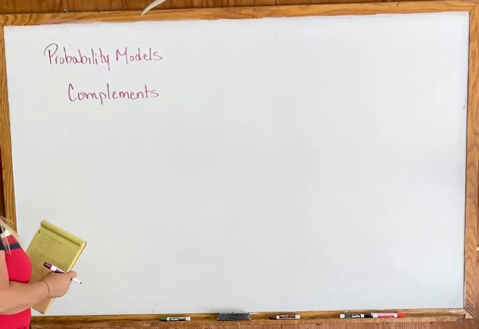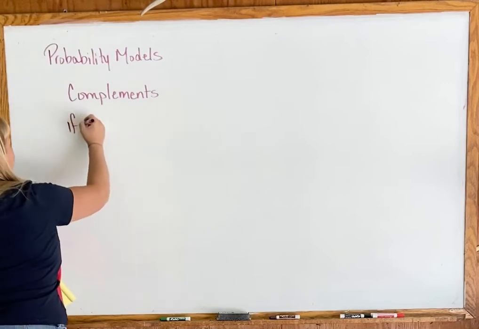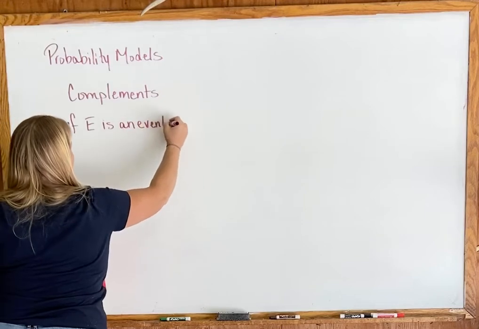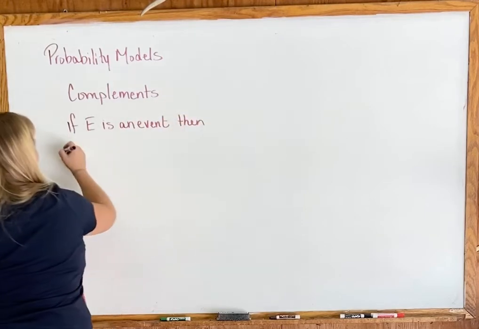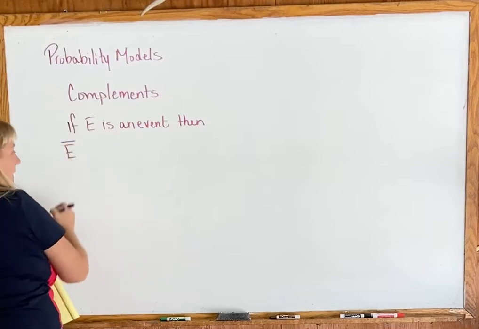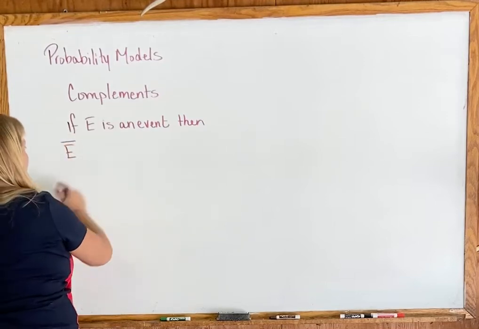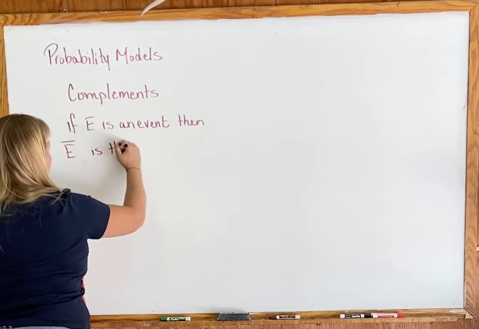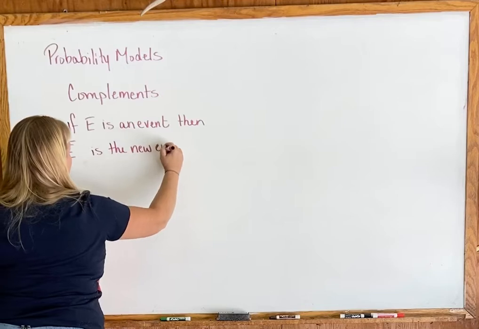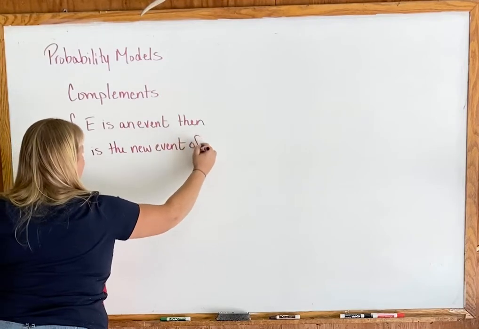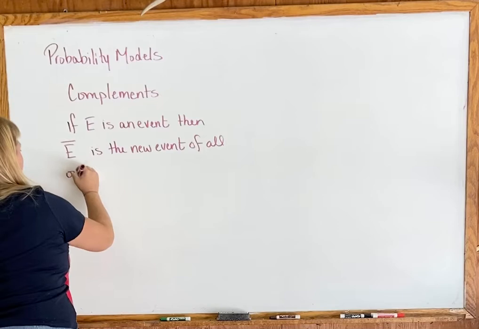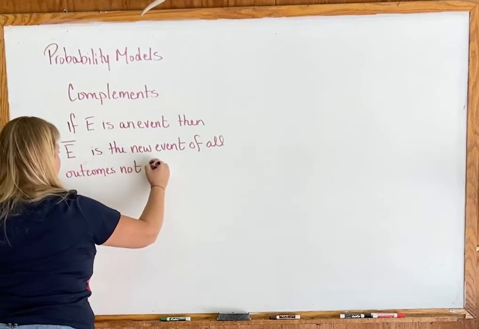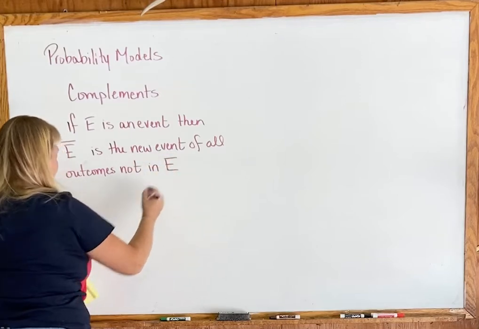Now, remember that if E is an event, then E complement, or E with a bar across the top, is the new event of all outcomes not in E.